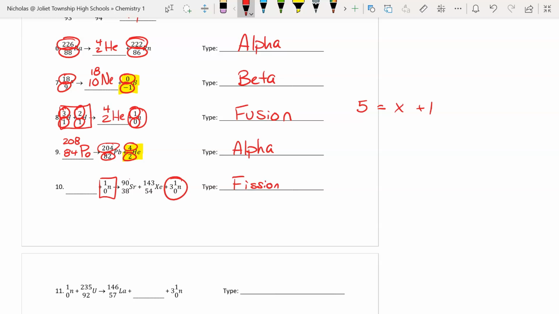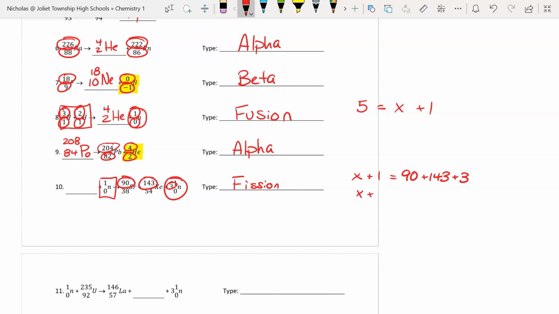So on the left side of the equation, we've got 90, 143, and, well, this should be 3 times 1. So I'm just going to circle the 3. So let's see, we've got 90 plus 143 plus 3. That 3 comes from the 3 distributing into the 1. And on the other side of the equation, we have 1 plus x. Because, again, we don't know the mass number here.